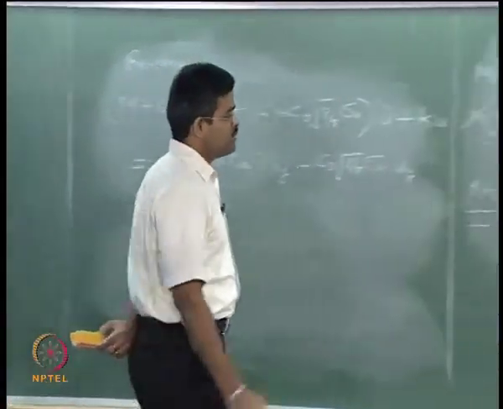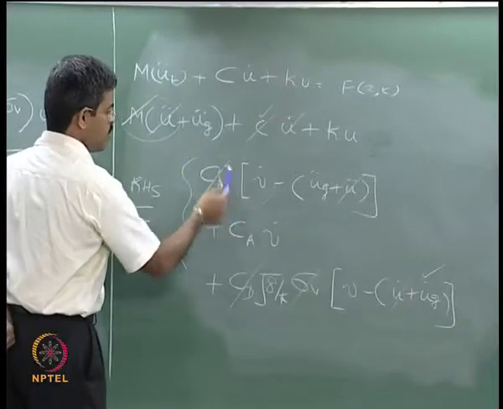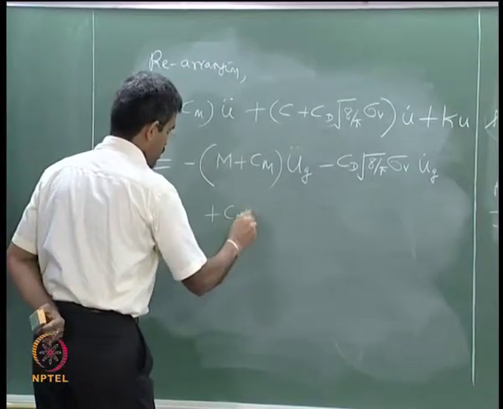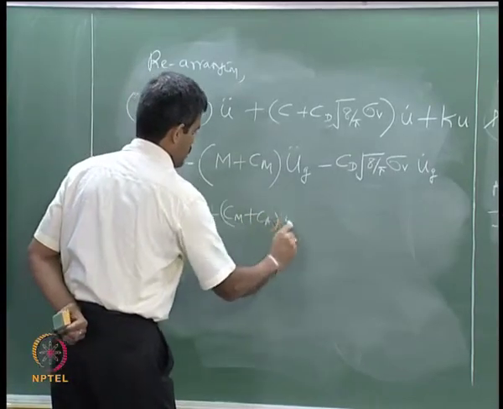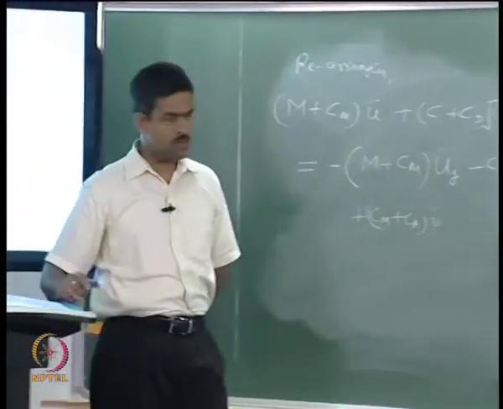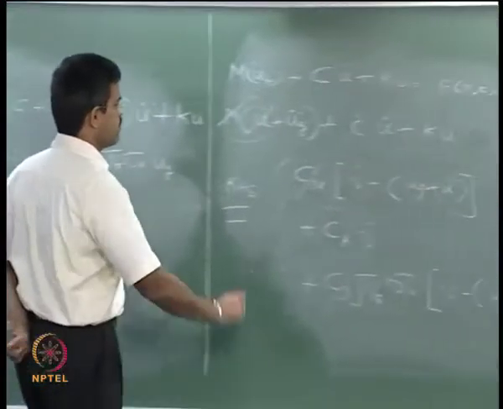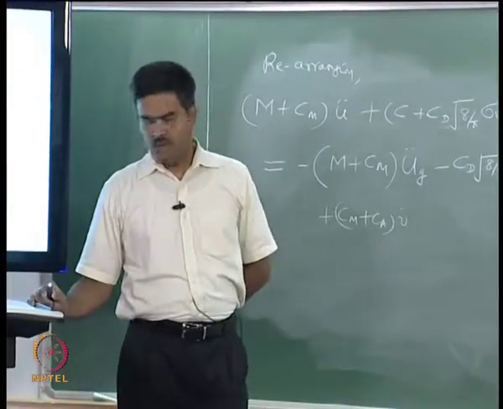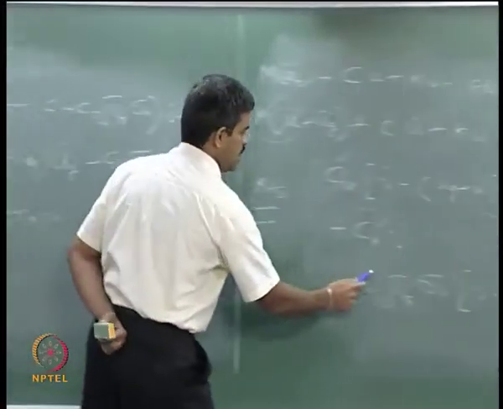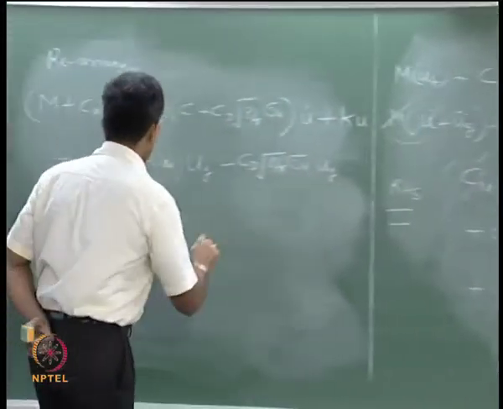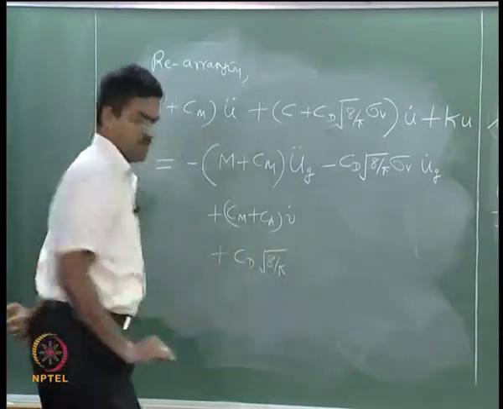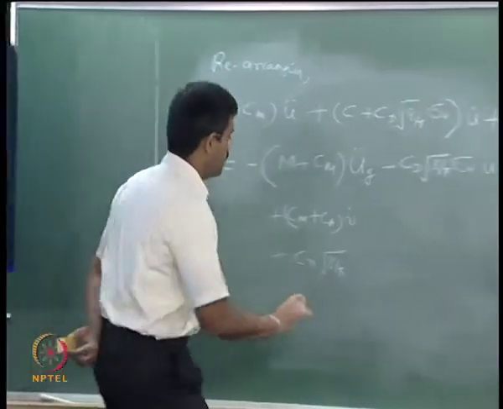I have v dot here with Cm, and one more v dot with Ca. So, plus Cm plus Ca of v dot, this goes away, and of course one more term of CD 8 by pi with V, plus CD 8 by pi sigma V.